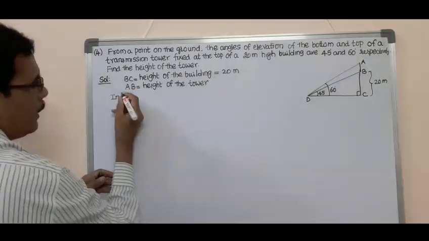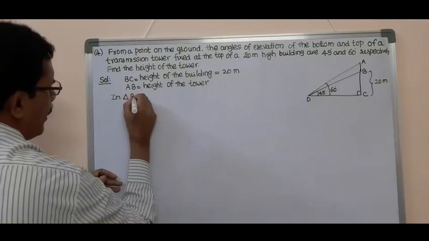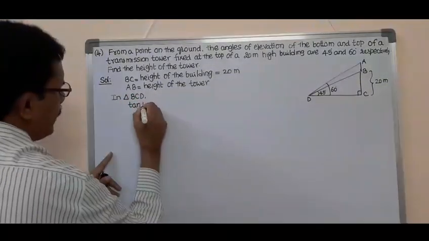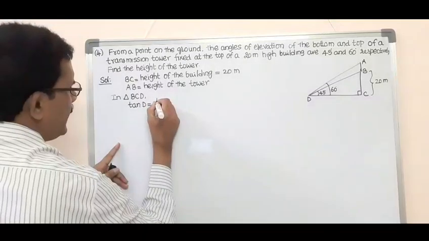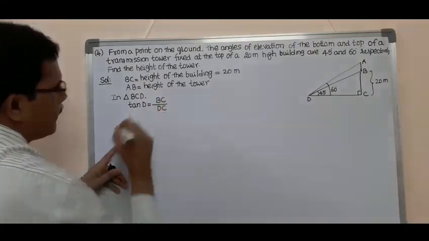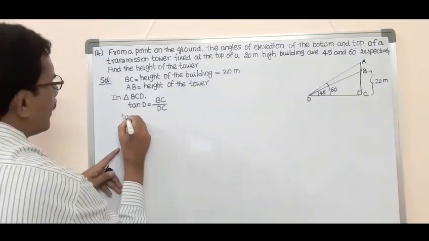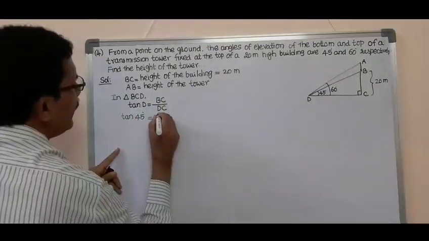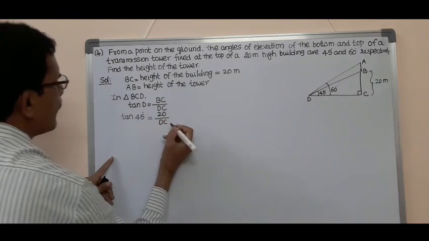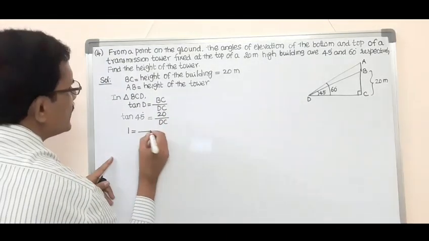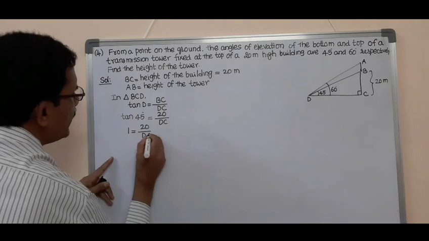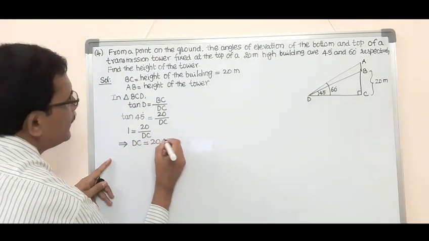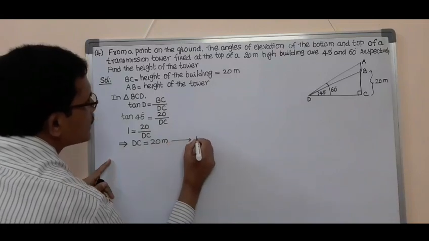In triangle BCD, tan D is equal to BC by DC. Tan 45 degrees is equal to 20 by DC. Tan 45 value 1 is equal to 20 by DC, implies DC is equal to 20 meters. That is the first step.